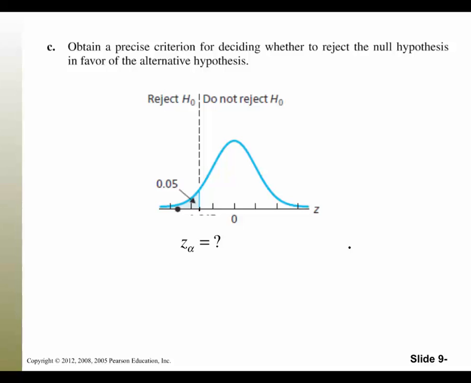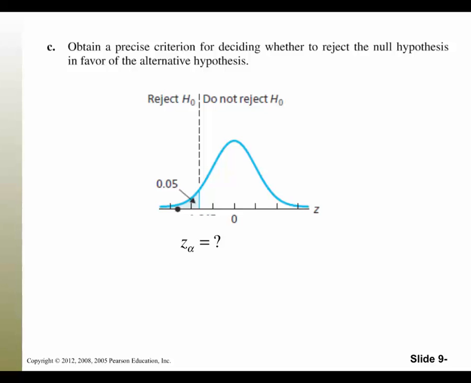So what z-value gives us a left tail of 0.05? You get out your chart for the normal distribution.